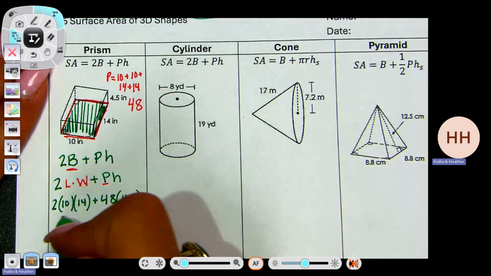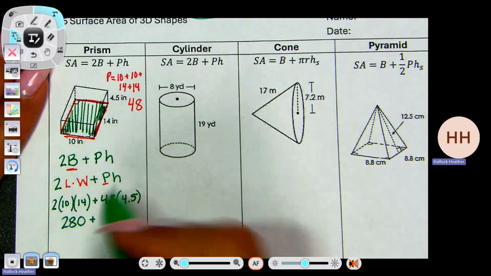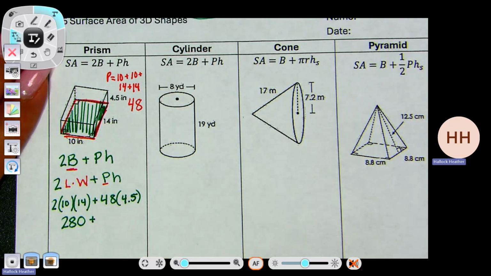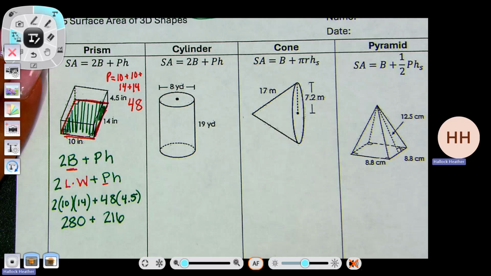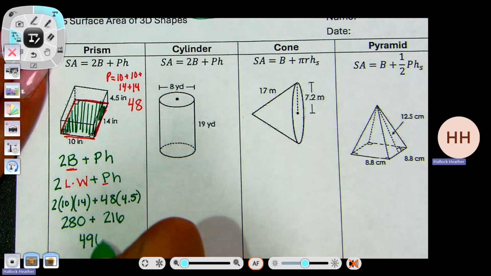So this side you should get 280. On the other side, you should get 216. So when you add them together, what do we get? 496.